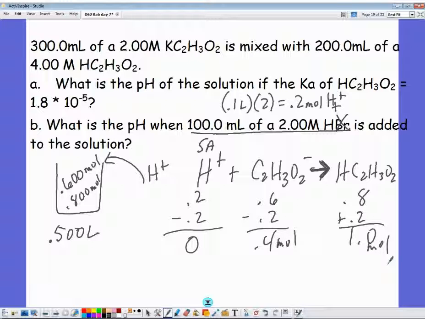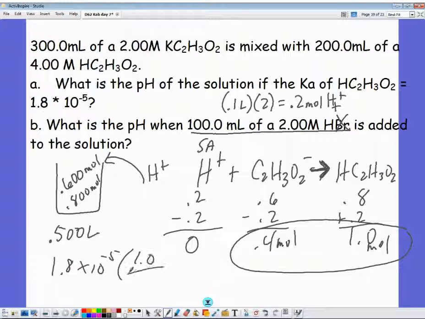Okay, question. What do I have? You're supposed to stop, look and listen, and say, what do I have? I got a buffer. What comes to mind? HH. So I'm just going to plug in to the HH, which says 1.8 times 10 to the minus 5 times 1.0 over 0.4 equals my H+.